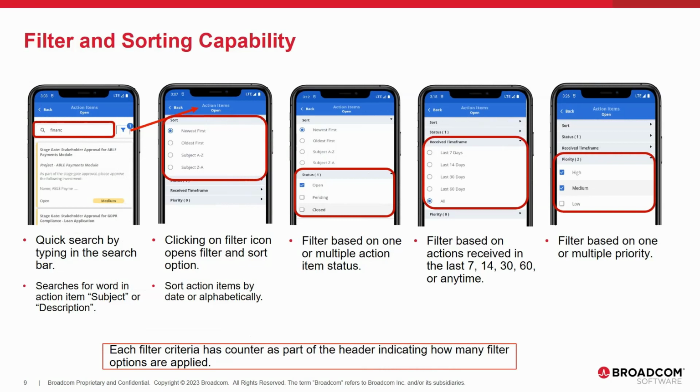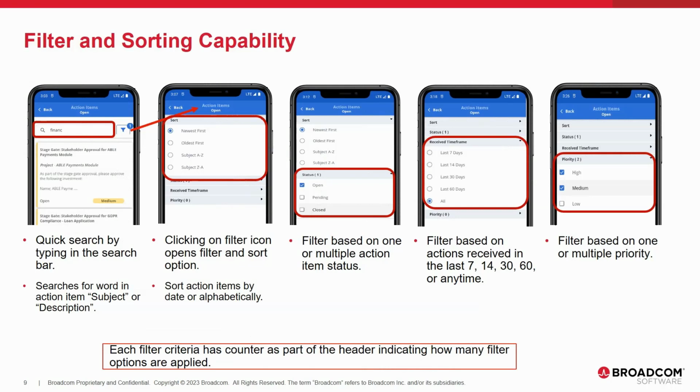The received time frame will allow the user to filter for action items based on either the last 7 days, 14 days, 30 days, 60 days, or any time. And the priority is multi-select, similar to the status filter, so the user has the option to view action items based on multiple status or multiple priority.